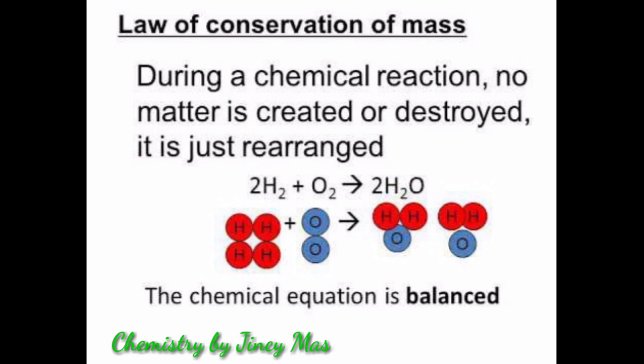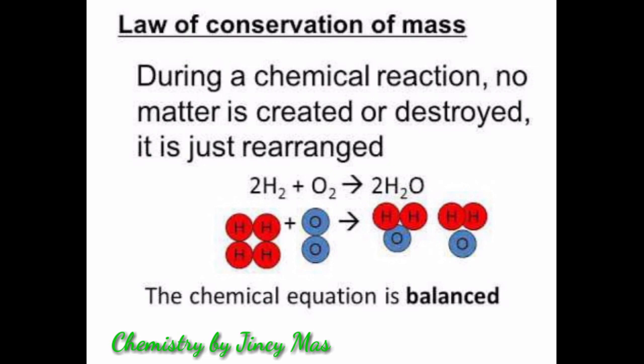It's just rearranged. You can see here 4 hydrogen atoms react with 2 oxygen atoms. You are getting 2 molecules of water. The reactants and products are quite different, but still the number of hydrogen atoms and the number of oxygen atoms involved in the chemical reaction as reactants is the same on the product side also.